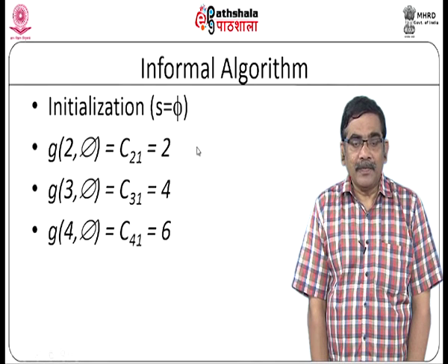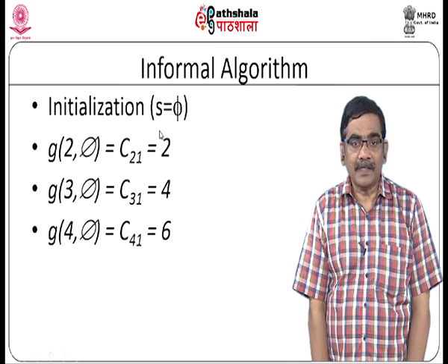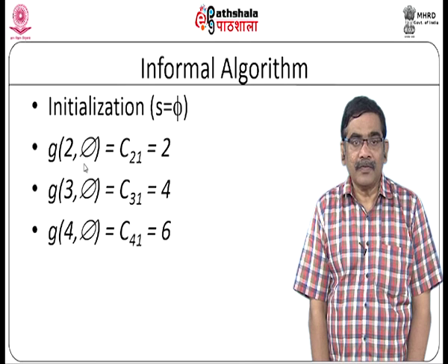Now, I will start with S. Remember, I was telling you that S is nothing but the set of cities. Initially it is going to be null. So, my function g of 2 comma null, that means the cost of reaching the home city 1 from 2, reduces to c21. So, it is going to be 2.